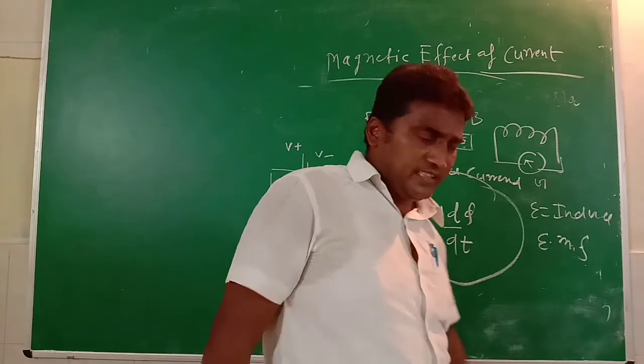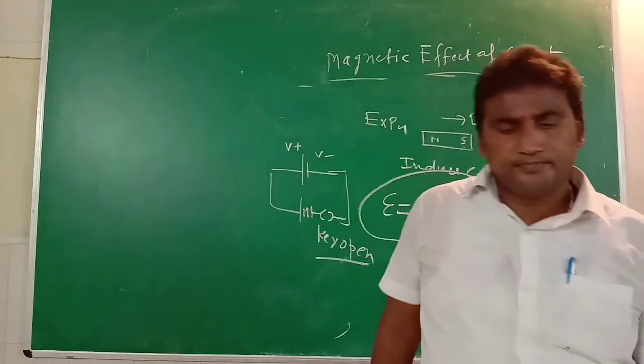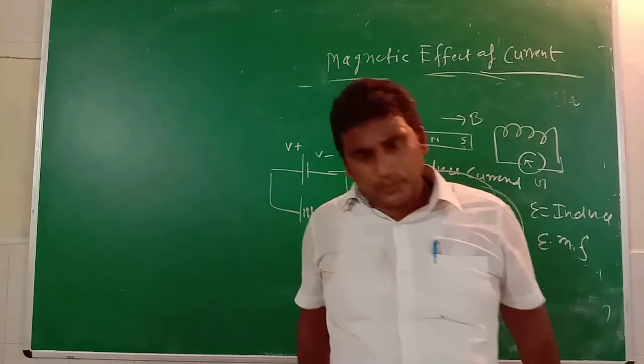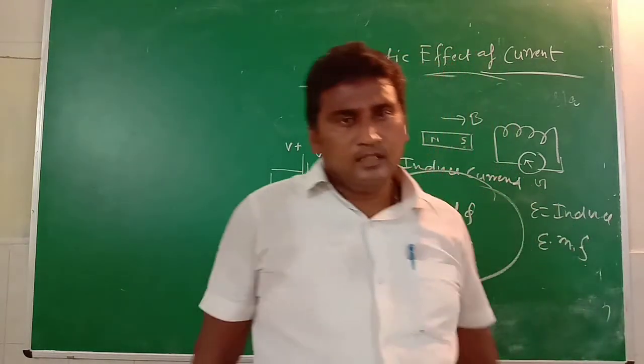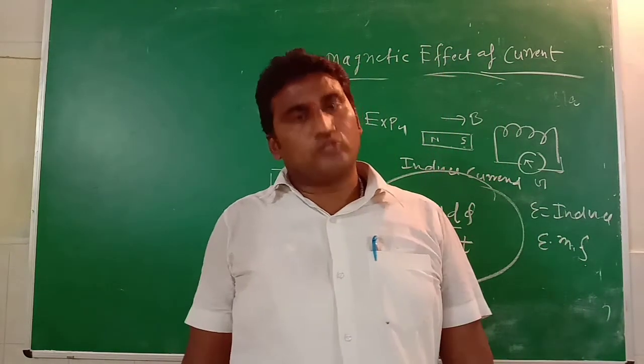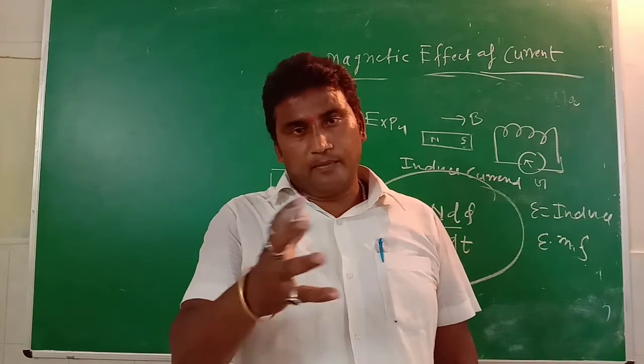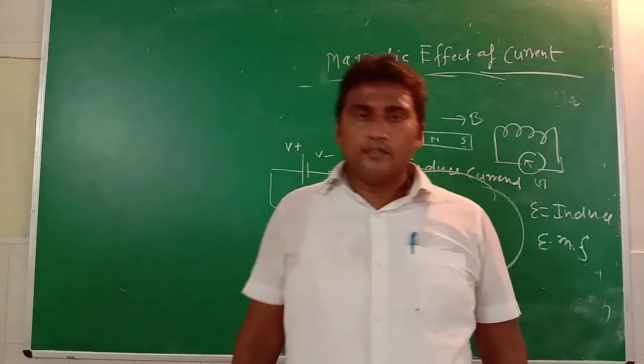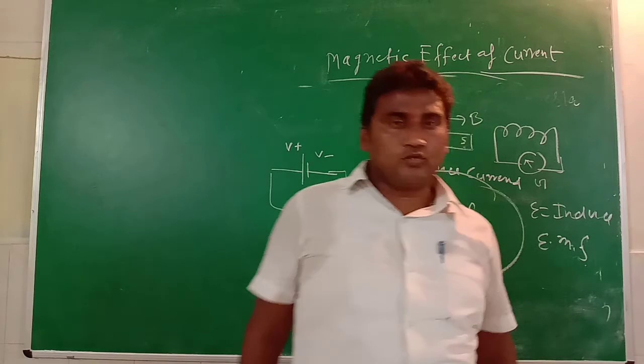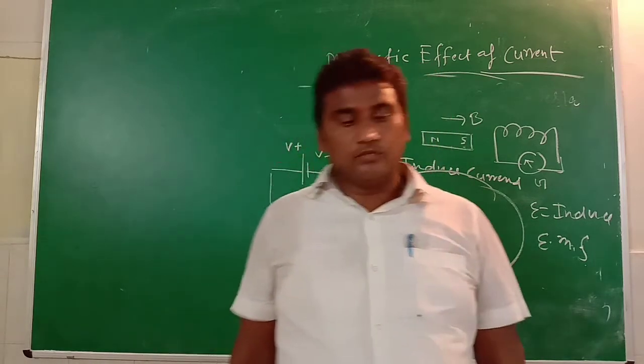That is a general relation for the level of class 12th. But now we try to explain easily how the induced current is developed by the linkage of magnetic flux.